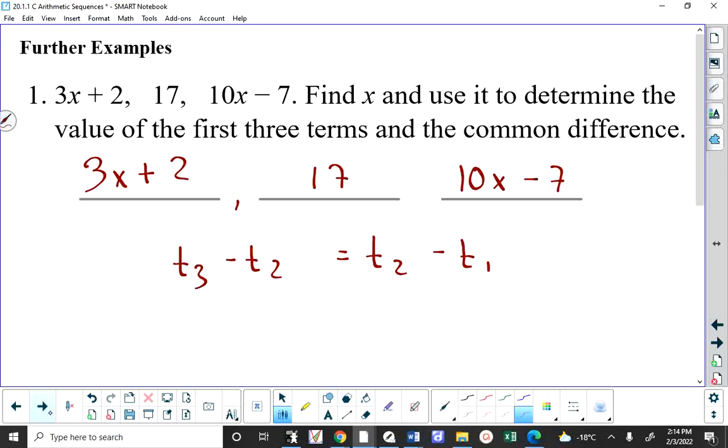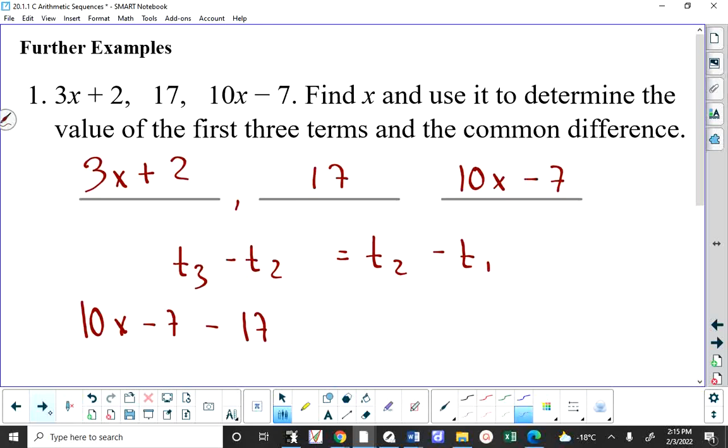But we can still write 10x minus 7, that's T3, minus 17, that's T2. The common difference is 10x minus 24. I don't know what that is, but we're about to find out.